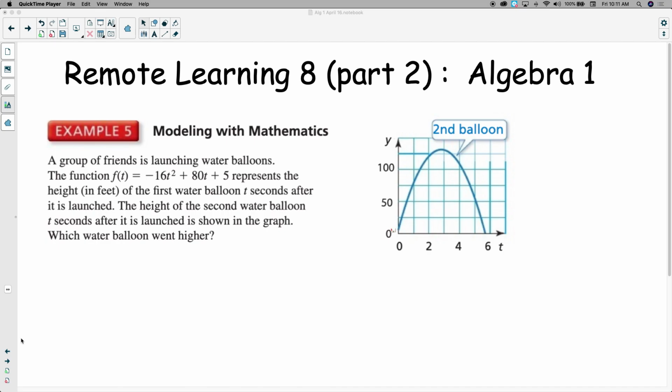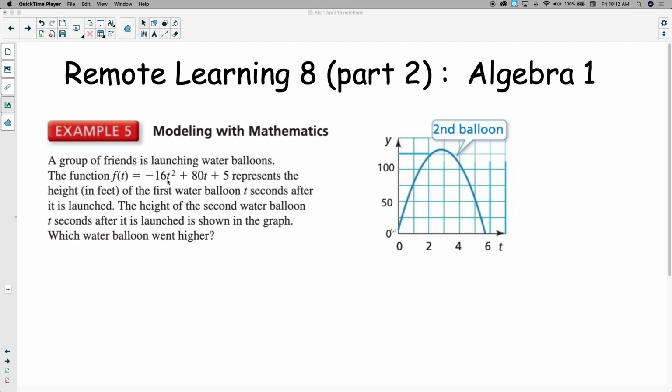Okay, so let's get into this one, and it is that a group of friends is launching water balloons. The function f of t equals negative 16t squared plus 80t plus 5 represents the height in feet of the first water balloon, t seconds after it is launched.